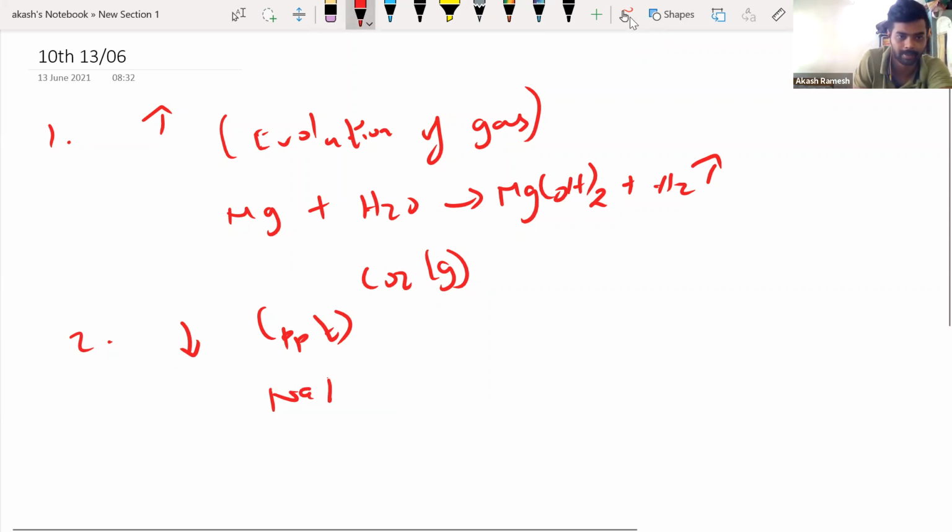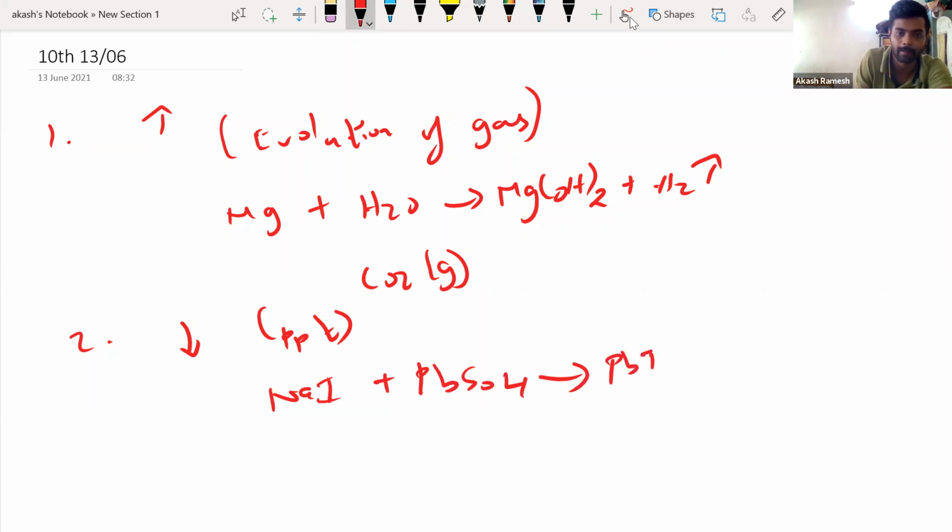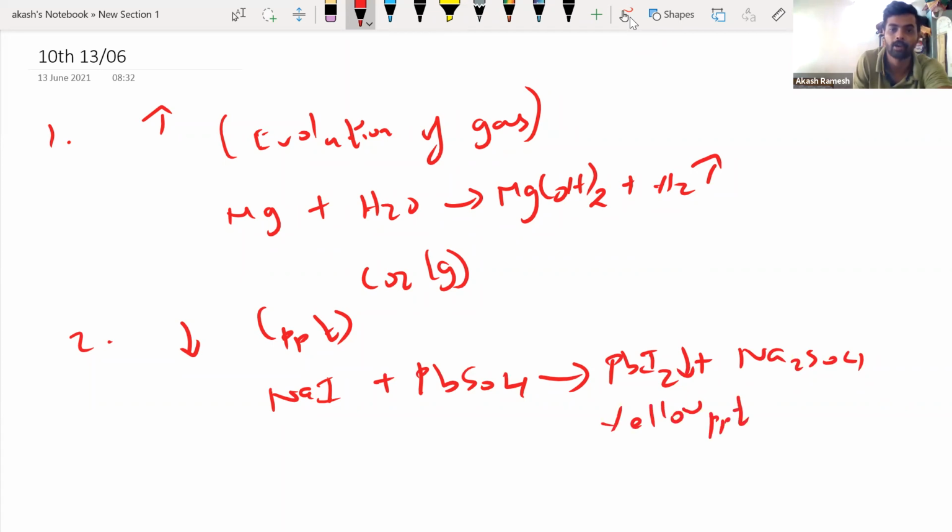So if I have sodium iodide reacting with lead sulfate, PbSO4, you will form lead iodide plus sodium sulfate. Obviously, you have to balance it, but you will see that here this PbI2, I represent with a downward arrow, representing that it is going to be a yellow color precipitate, right?